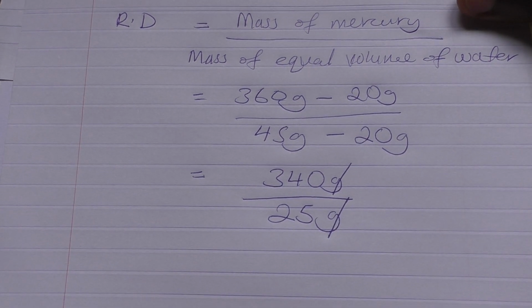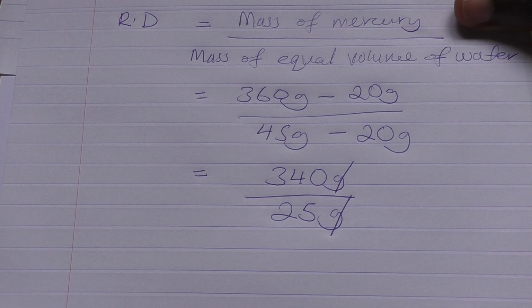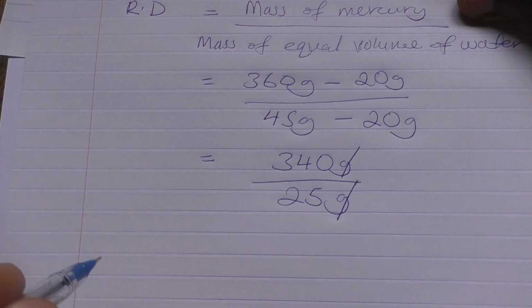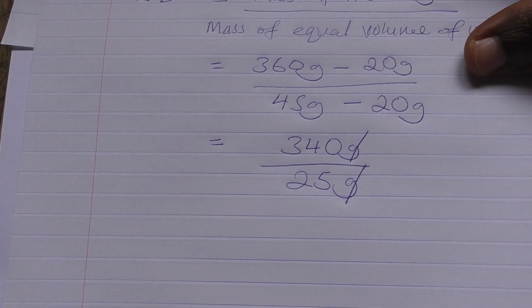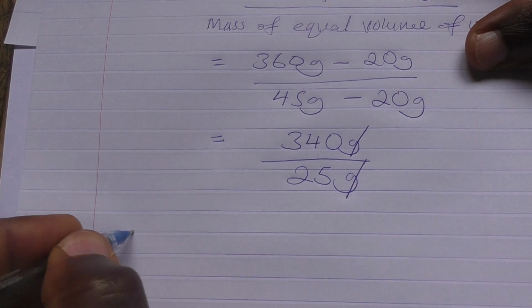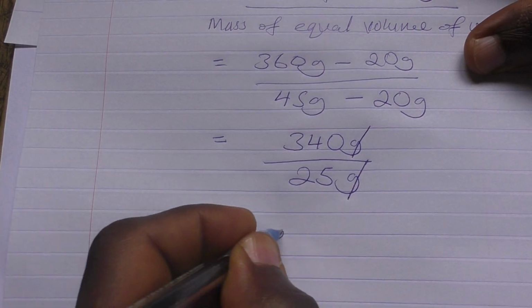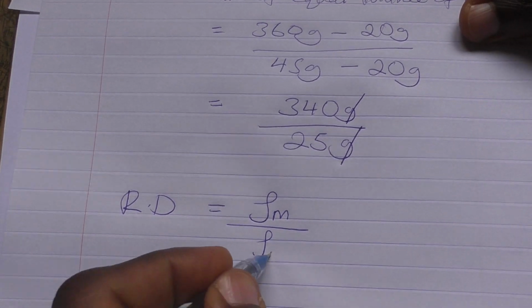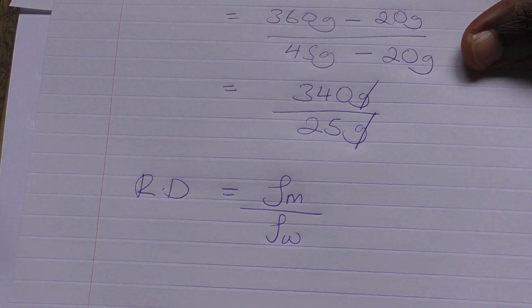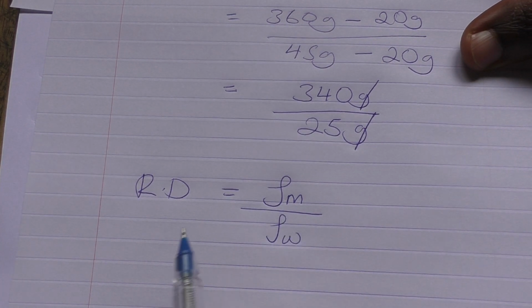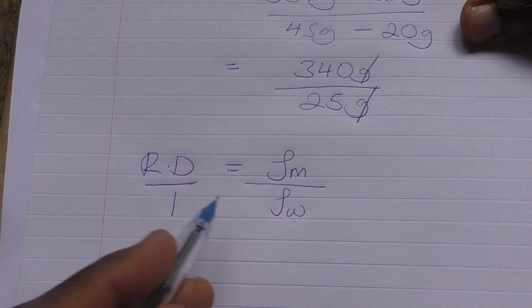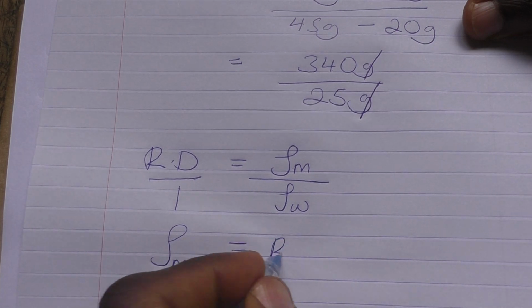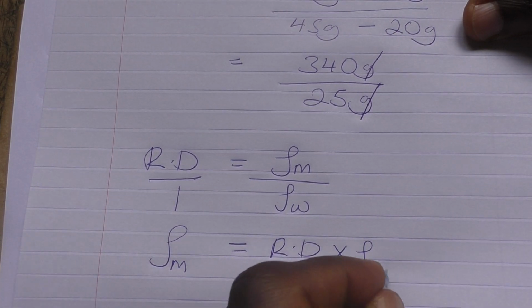But we also have question 2, which requires us to get the density of mercury. Therefore, remember we have a formula for relative density, whereby relative density equals density of mercury in this case over density of water. And that means that to get the density of mercury, we shall now cross multiply, whereby density of mercury will be the relative density times density of water.